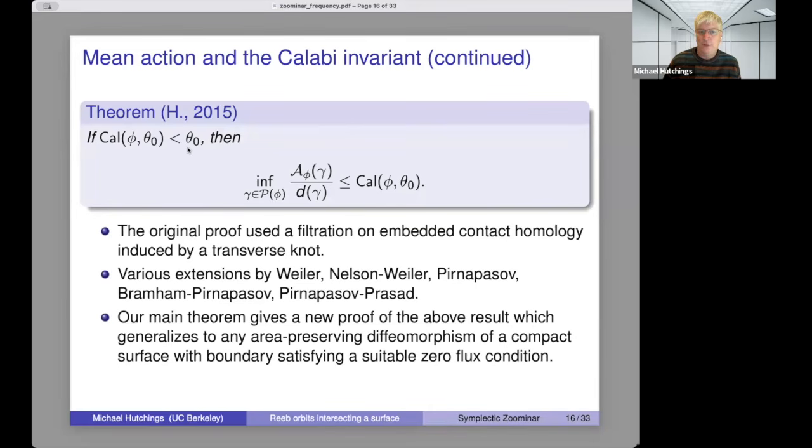And if I add an integer to theta 0, it increases both the left and right-hand sides of this inequality by that same integer. And it increases f by that same integer. So without loss of generality, I can add some large positive integer to theta 0 to arrange that f is positive.